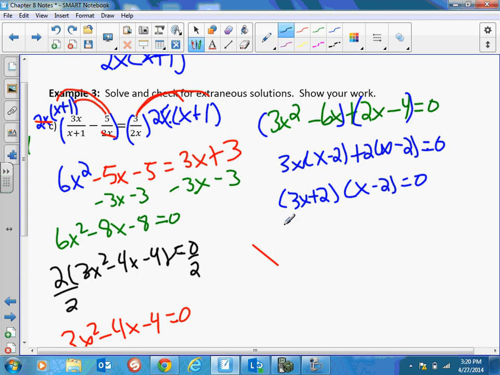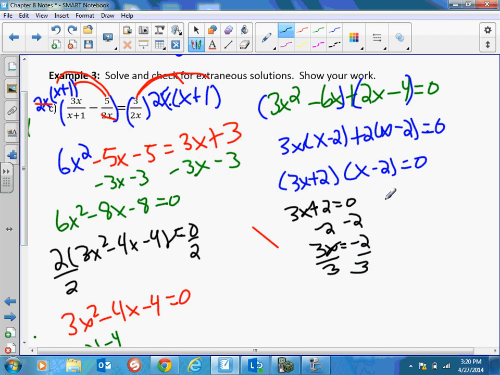Let's solve this one first. 3x plus 2 equals 0. So we got to subtract 2 and divide by 3. So x equals negative 2/3 is one of our answers. And our other answer, what makes x minus 2 go to 0 is positive 2.